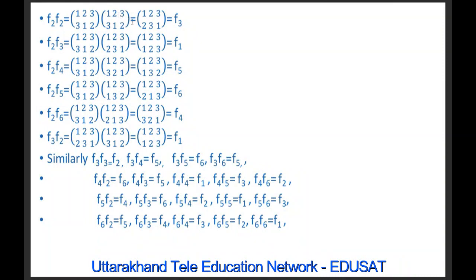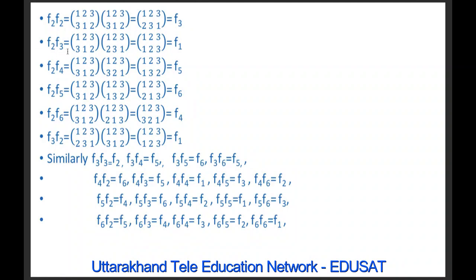So I have written 1 below 2. For the second element 2, the image of 2 is 1 and the image of 1 is 3. So I have written 2 below 3. The image of 3 is 2 and the image of 2 is 1. So I have written 1 below 3. So F2 dot F2 is F3.